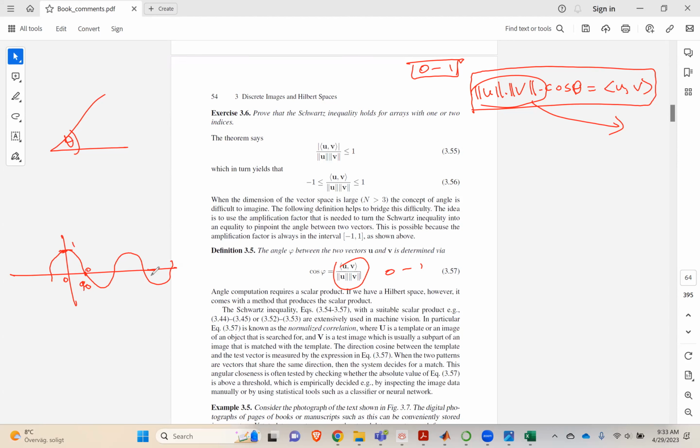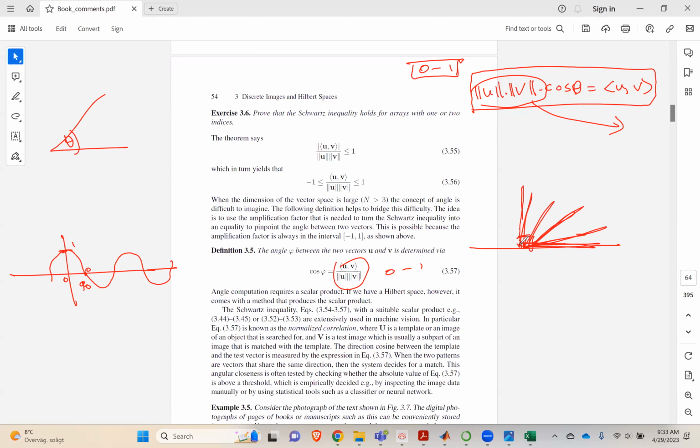When the two images are the same, first I will explain what it means when two images are different, the maximum difference two images can get. You have one image lying here, another image here, a third image, a fourth, a fifth, a sixth, up to 90 degrees.